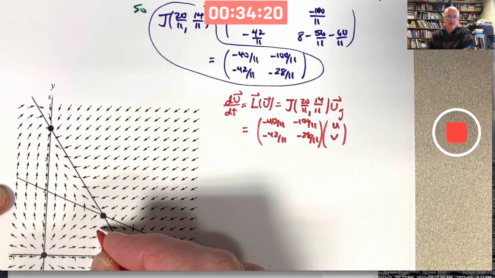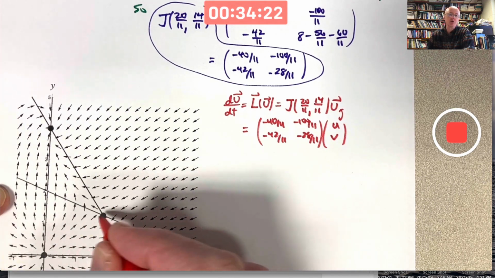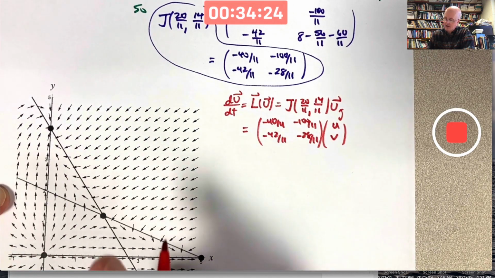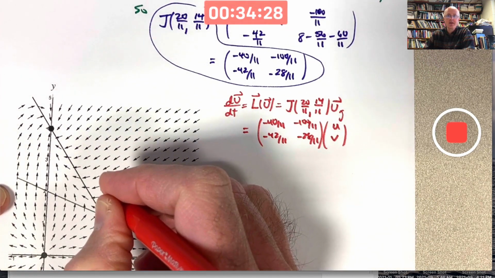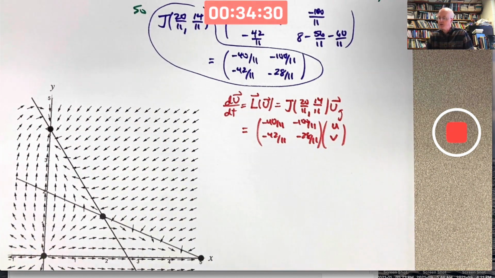Essentially, a new coordinate system centered at this point. It becomes your new origin. A u-axis going this way, say, and a v-axis going this way, say. I'm not going to draw it because that would mess up the picture, but that's the basic idea.